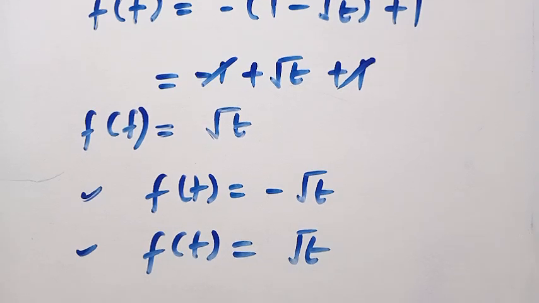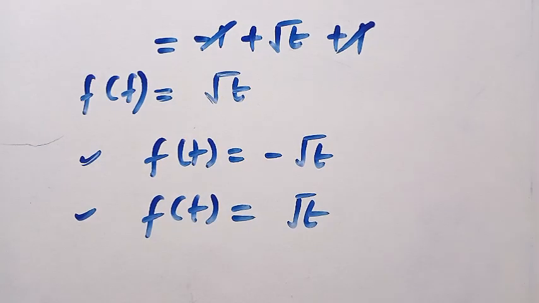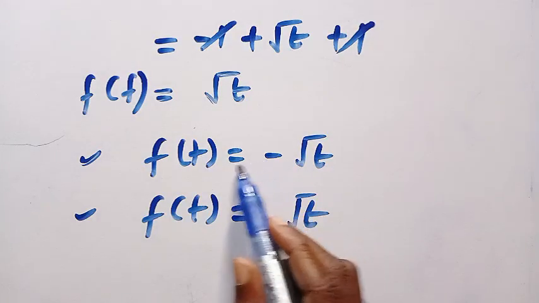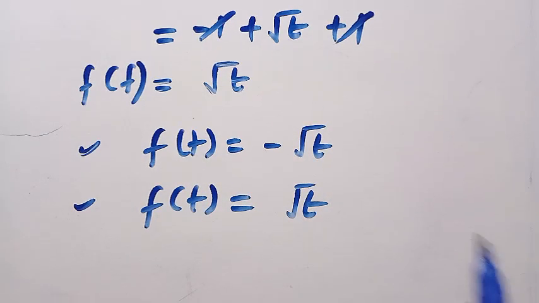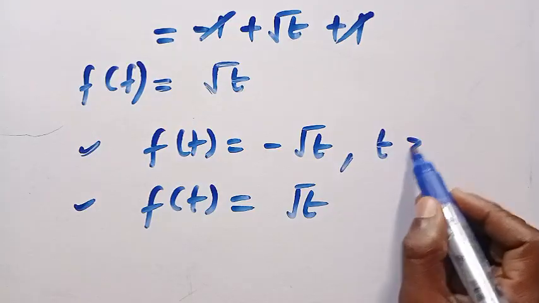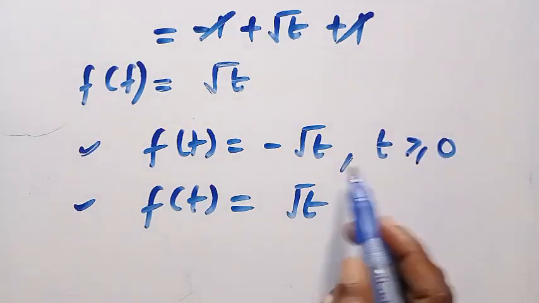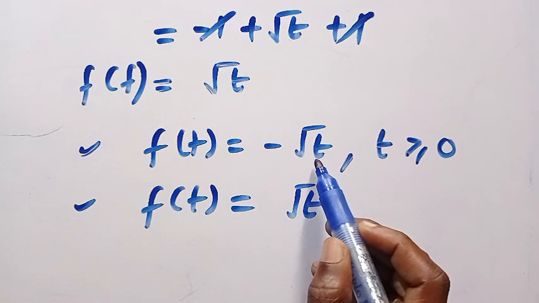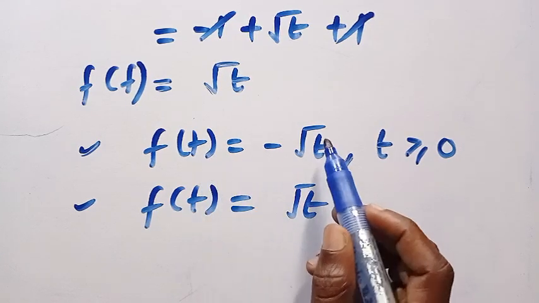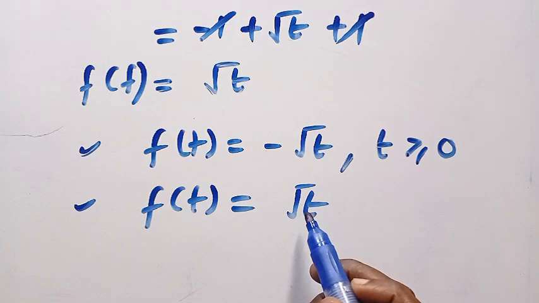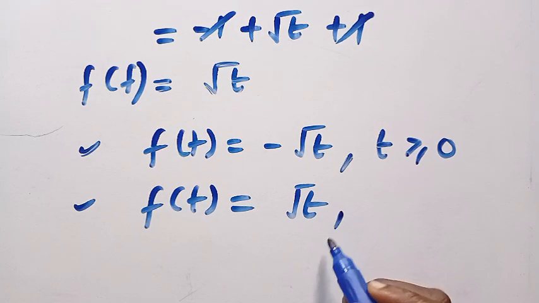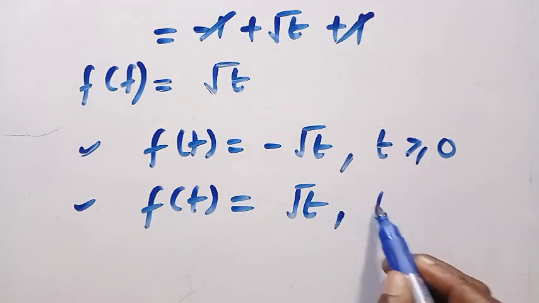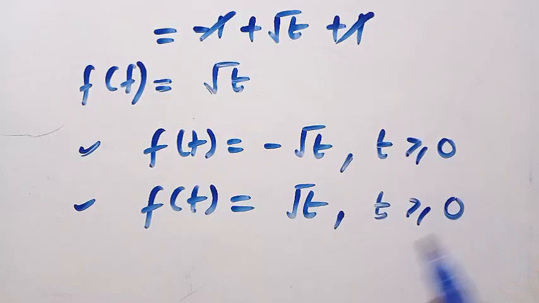If you try to plug in some values in f of t equals minus root t, you can see that every t greater than or equal to 0 satisfies this function. Negative does not allow because the function is defined based on the real numbers. And looking at the second, t is also greater than or equal to 0. So negative is not allowed in the second as well.